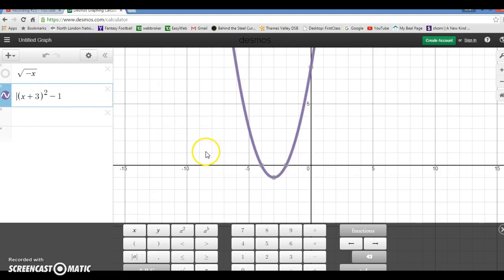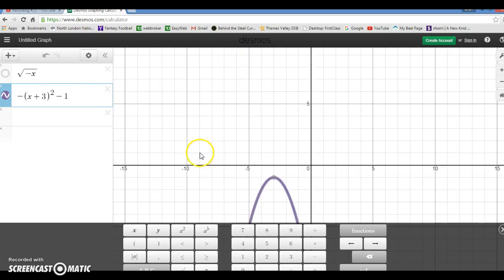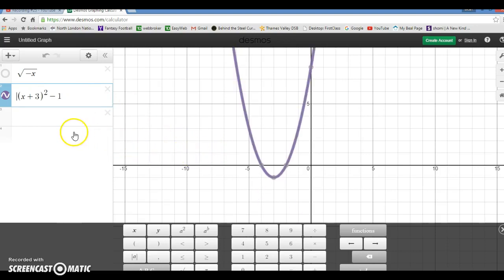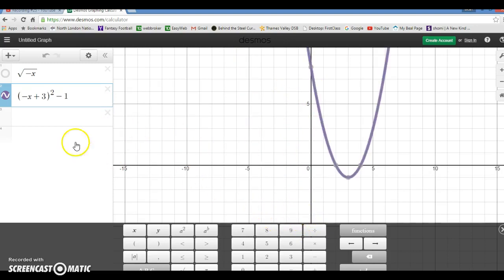When I put a negative in front of it, it flips downward. That's not exactly right, but close enough. If I throw a negative right on the x, what's going to happen? It's going to flip horizontally. I take this parabola here, and I have a mirror on the y-axis, and I flip it horizontally and bring it over there. So if the negative is on the x, it flips it that way, horizontally.